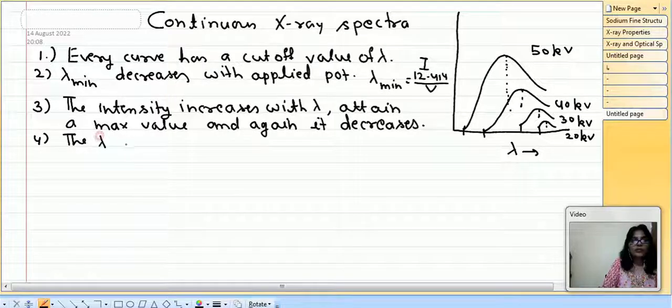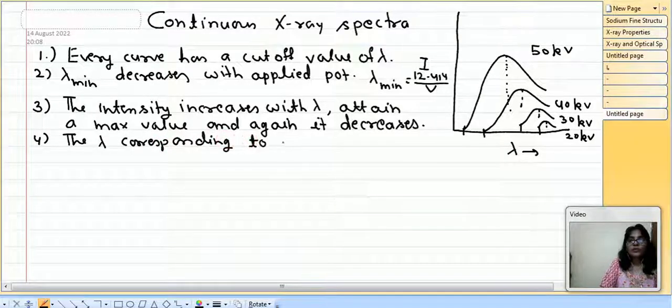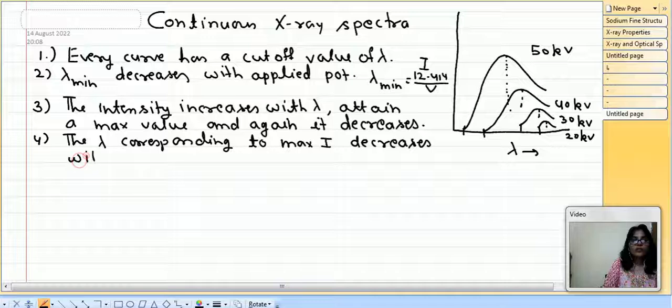The lambda corresponding to maximum intensity decreases with increasing potential.